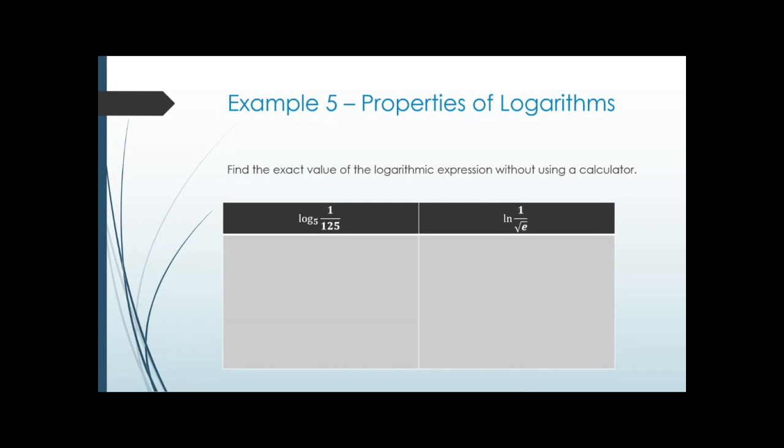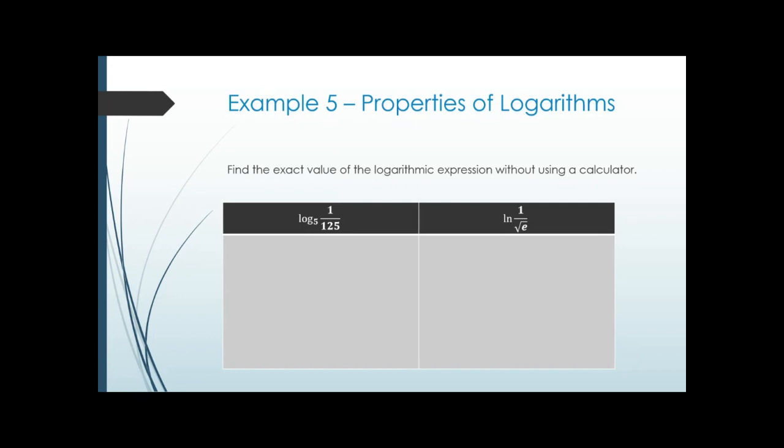So the first one, I have log base 5 of 1 over 125. The goal of doing a problem like this is to rewrite whatever you're taking the log of so that it has a base of 5. It's going to be an exponent with something that's a base of 5, because we have log base 5.